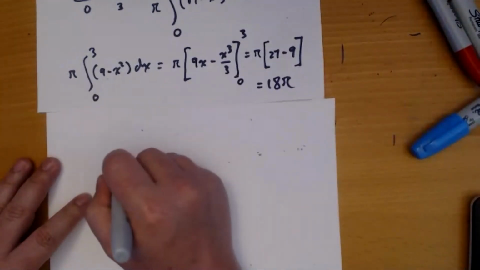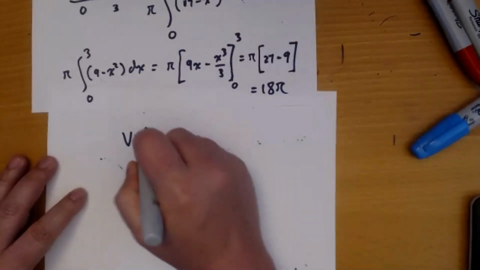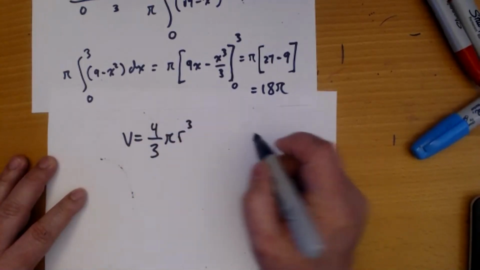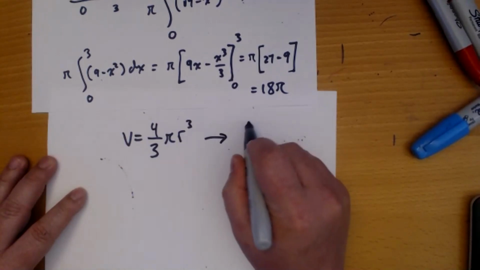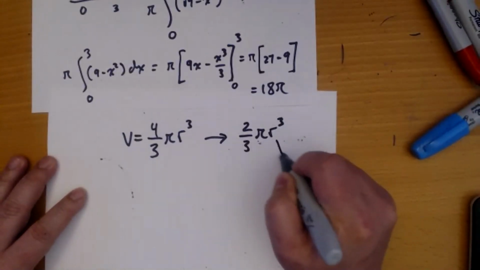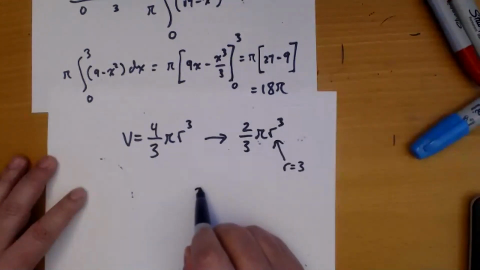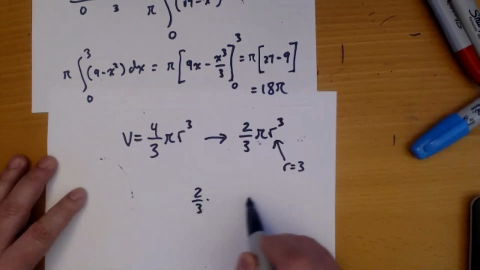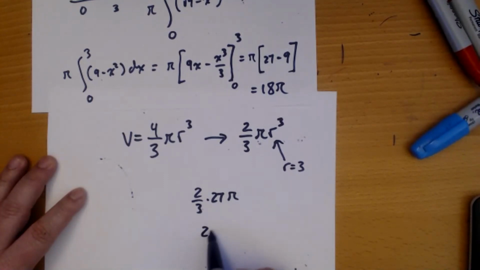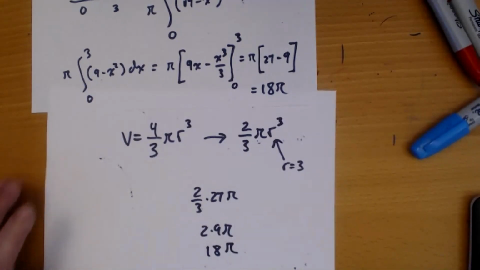Now, the volume of a sphere, I'm not even going to ask if anybody knows it because nobody ever does. It's 4/3 pi r cubed, but we're only dealing with half of it, so it's 2/3 pi r cubed. If we plug in r as 3, we wind up with 2/3 times 27 pi, which is 2 times 9 pi, which is 18 pi. So that is the correct answer.